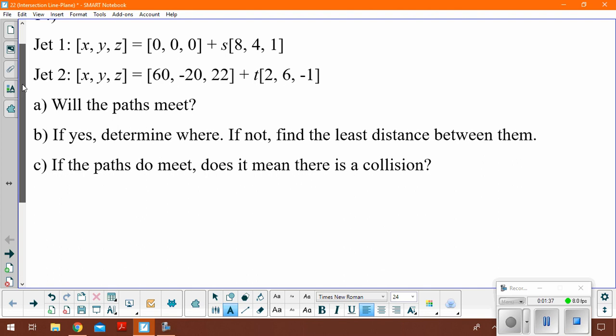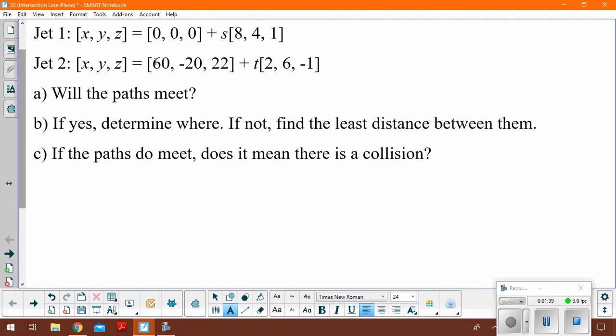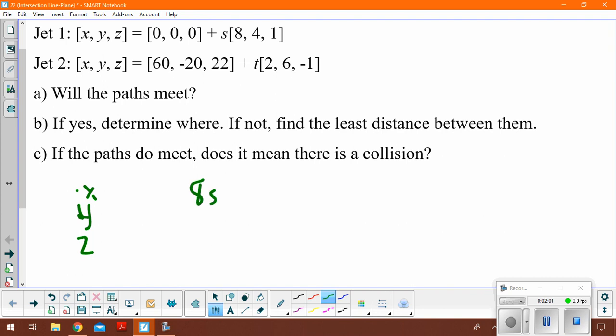So we're going to go back and go through our process for intersection. My first line, and I'm just going to speed this up a bit by listing them out, I have my x, y, z. For my first line, again, I had all those zeros, so my parameters are just 8s, 4s, and s.